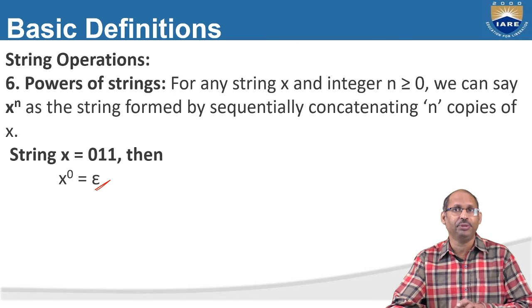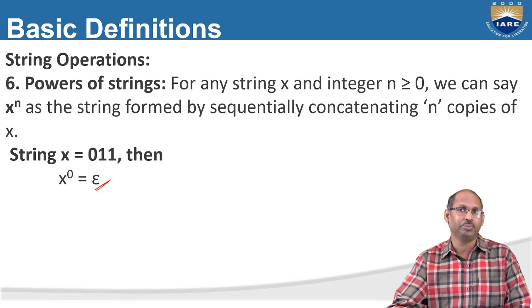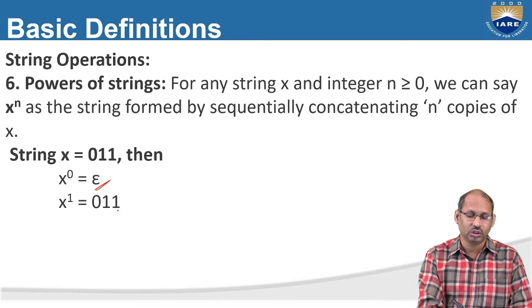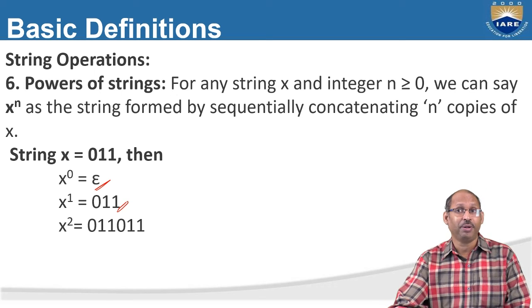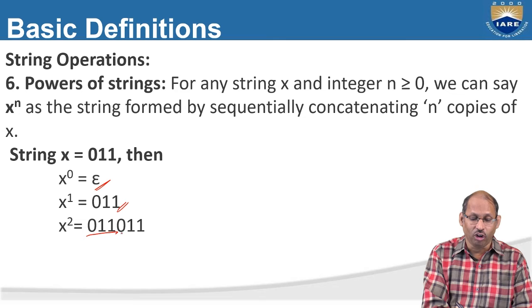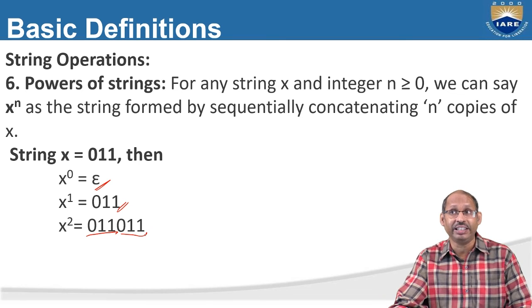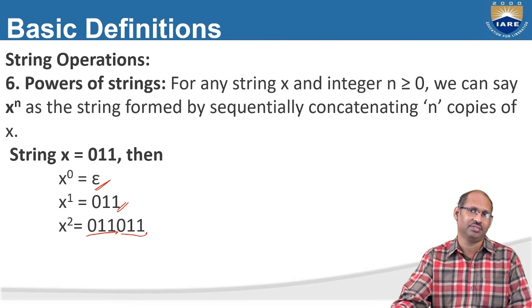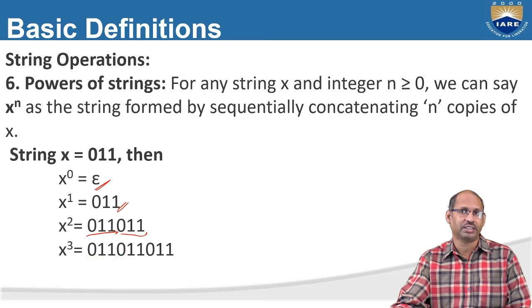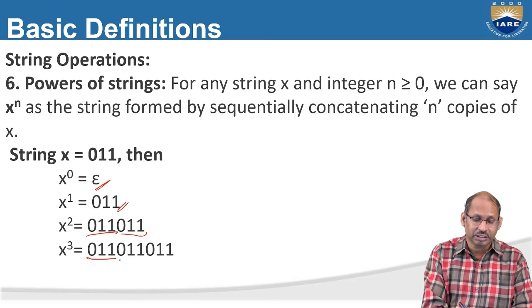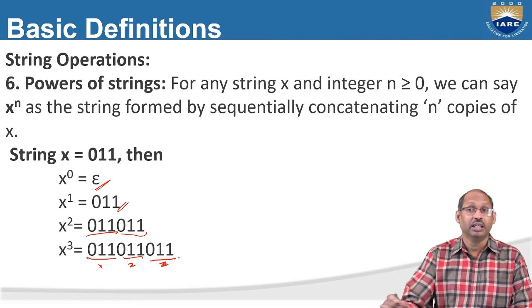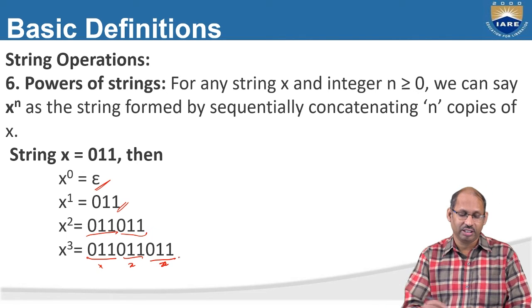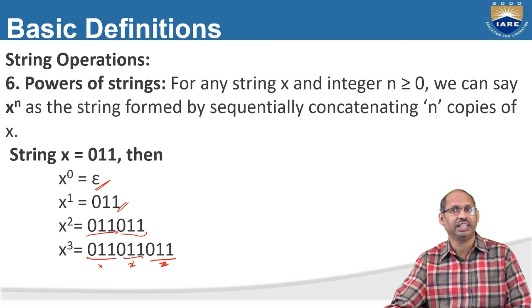X power 0 is the empty string. X power 1 is the given string. X power 2 is x followed by x. X power 3 is 3 copies of the given string x.